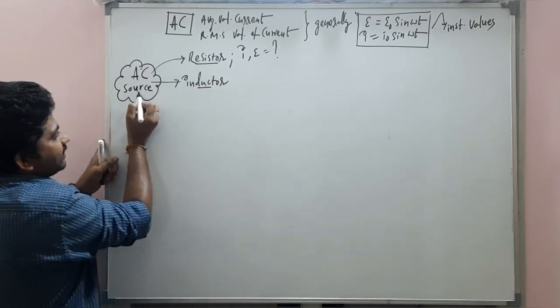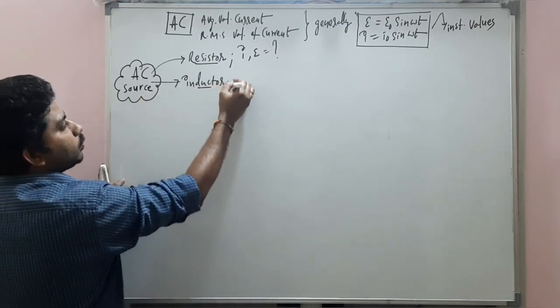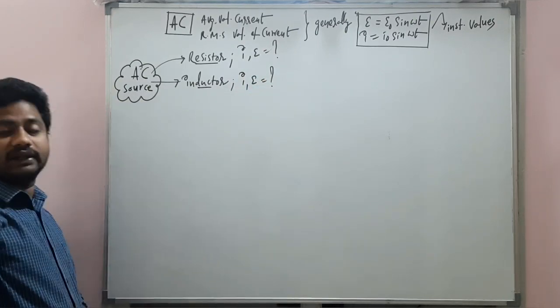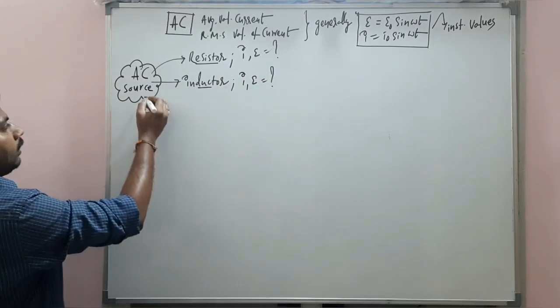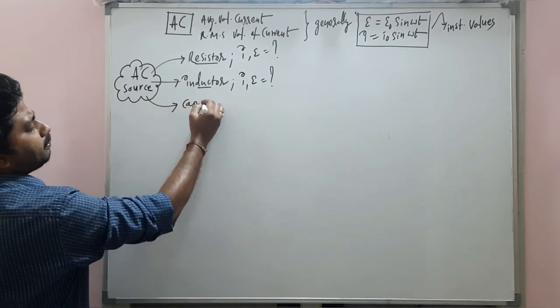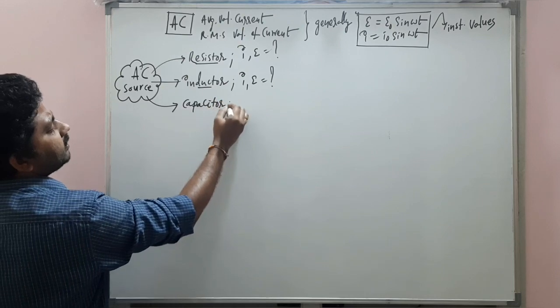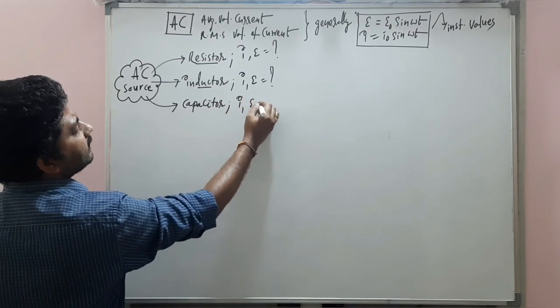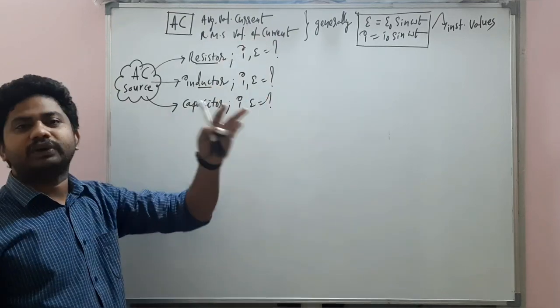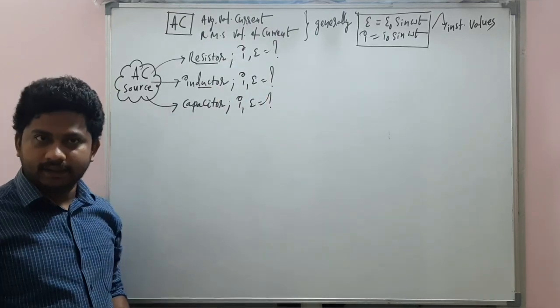And when this AC source is connected to the inductor, what happens to the instantaneous EMF and the current values? When this AC source is connected to a capacitor, the same thing, what happens to the instantaneous EMF and the current values? So that's the topic of interest today.